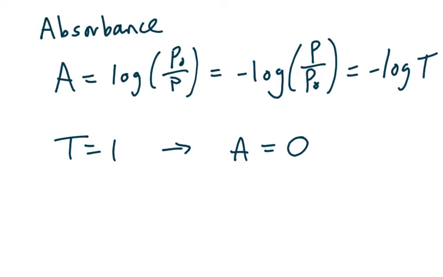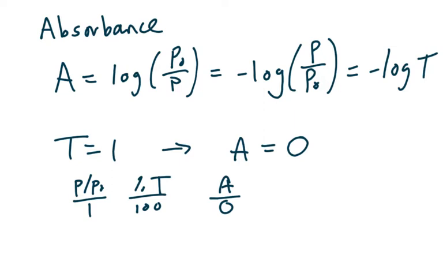But after that one, it's a little less intuitive because it's the log relationship. So if we look at P over P naught, that would be a 1, right? The percent transmission would be 100%, and the absorbance would be 0.